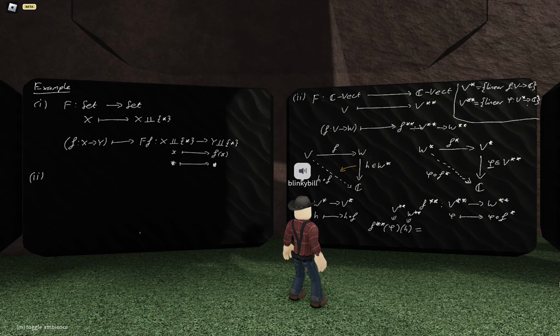And if I unwrap definitions here, this is phi precomposed with F star applied to H, which is just phi of F star of H, and that's just phi of H precomposed with F.